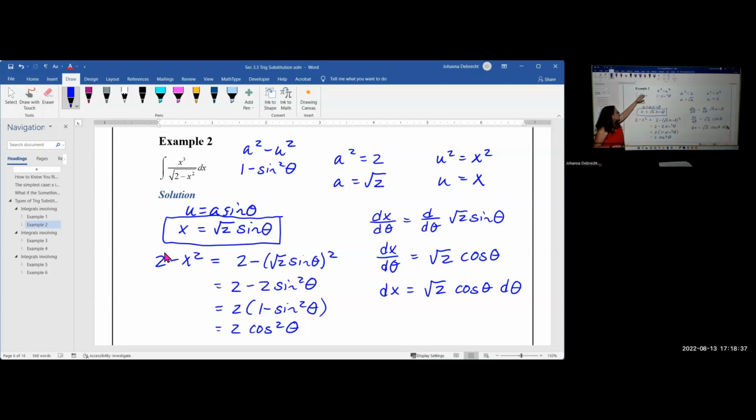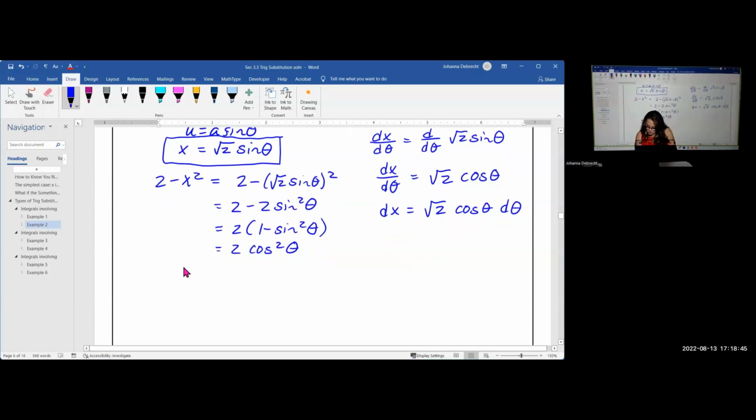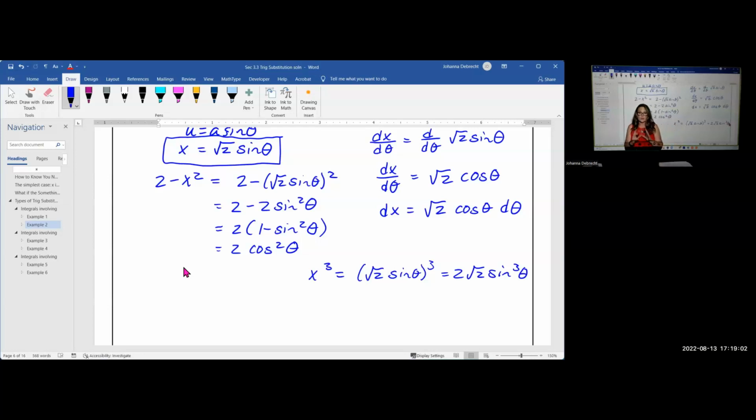So I can take x cubed and use this expression to replace the x cubed. So this is a third piece that we're going to have to use here. So we'll put this third piece in the middle. X cubed becomes the square root of 2 sine of theta, quantity cubed, which becomes 2 square roots of 2 sine cubed of theta. Now we have every piece that we need, and we're going to make our substitution now.